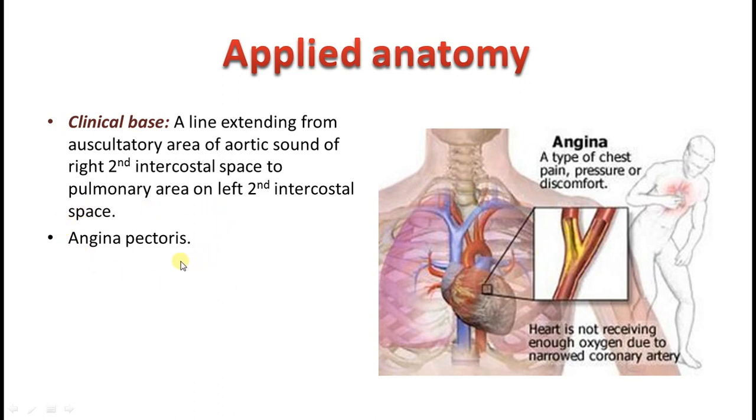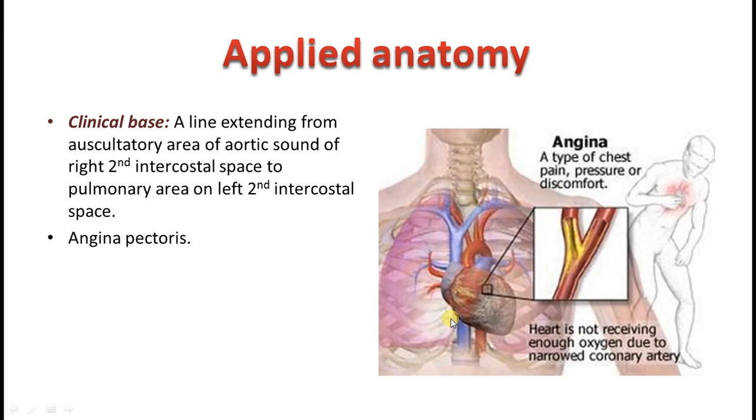There are different types of angina pectoris. One is stable angina pectoris. In these persons, when they do a lot of physical activity, exertion or are under stress, they experience chest pain, and the pain subsides at rest.